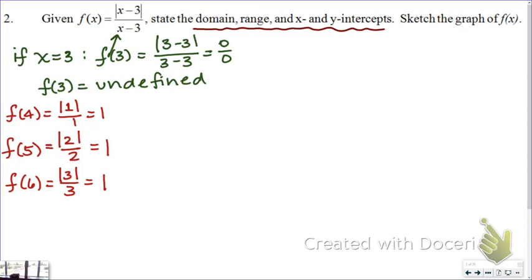Well, x minus 3 is positive anytime x is greater than 3. Anytime x is greater than 3, then f of x is going to equal the absolute value of some number over the same number, which is going to equal 1.